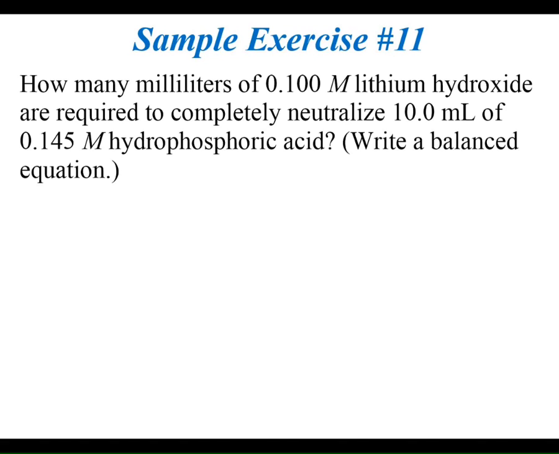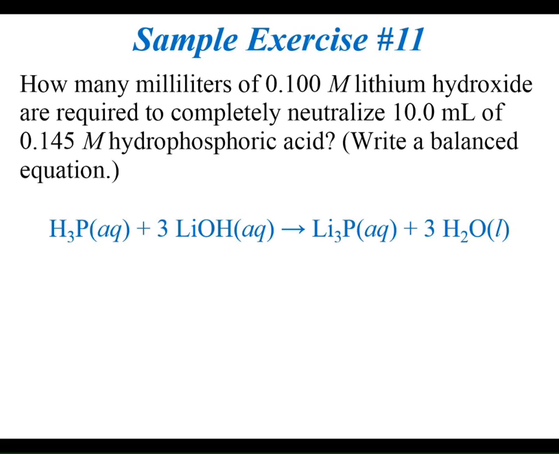Okay, so let me just check your balanced equation first. So what's the formula for lithium hydroxide? LiOH. Now here's the other one. What's hydrophosphoric acid? H3PO4 is phosphoric acid. H3P. Hydro-ic comes from ide, so just phosphide. Ide means by itself, just phosphorus by itself. So H3P.